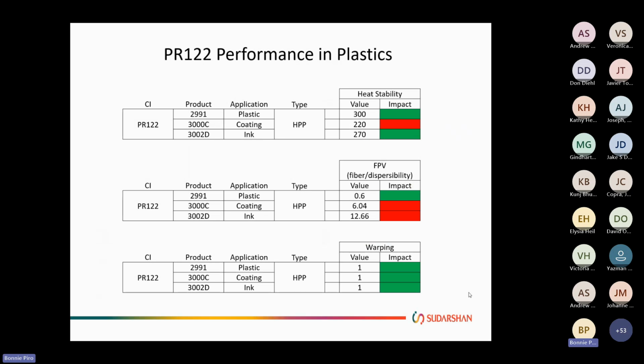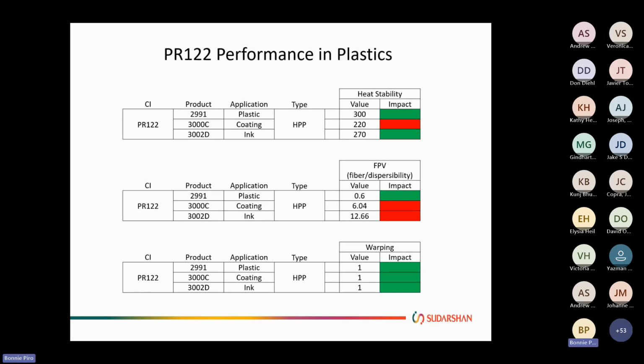From a performance perspective, I mentioned it in earlier slides, in a plastics area, heat stability is dominated by the chemistry, but the finishing choices used can also shift that particular one. And here's a good example of where that shift occurs in this heat stability.